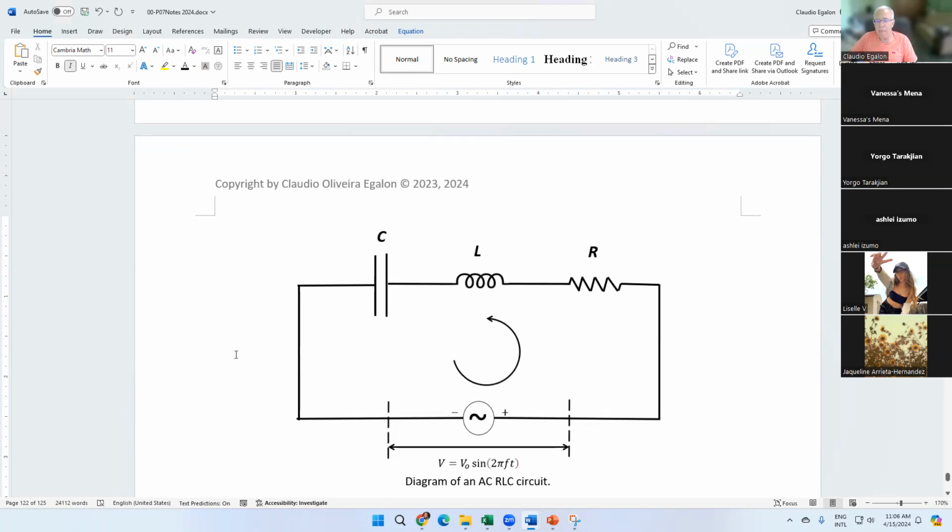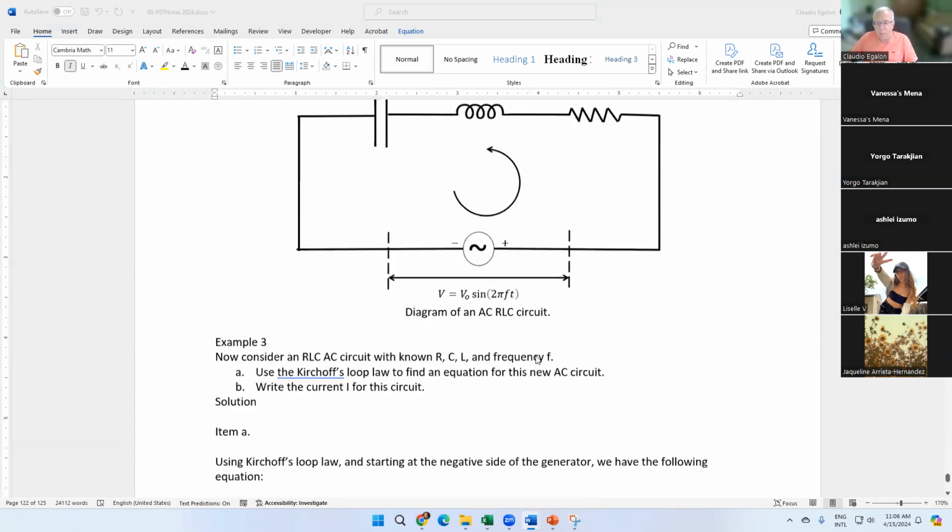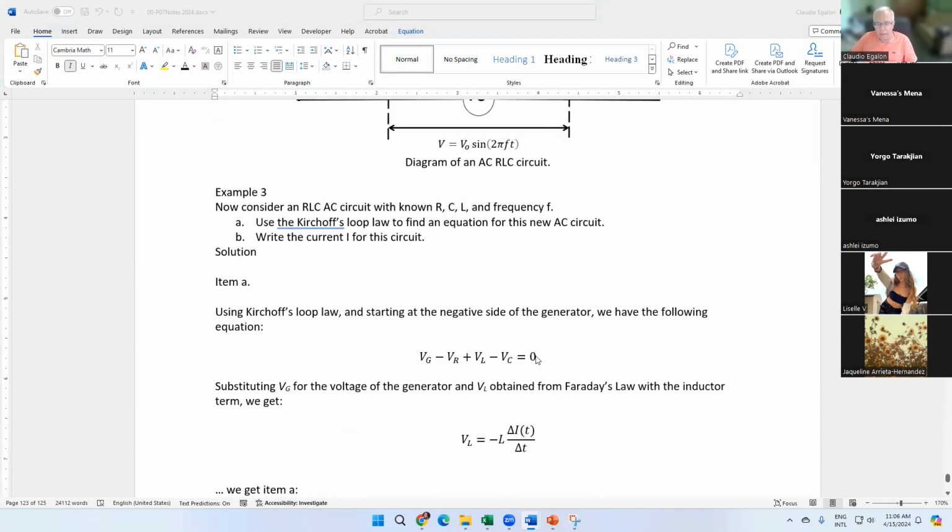That's what happens. And then there is a very interesting thing that's not understood very well by many people. Let's write down the equation first.